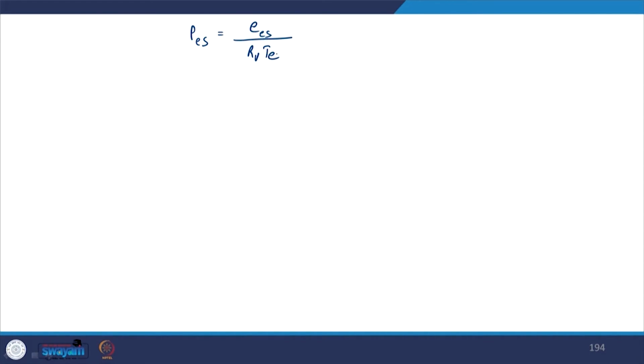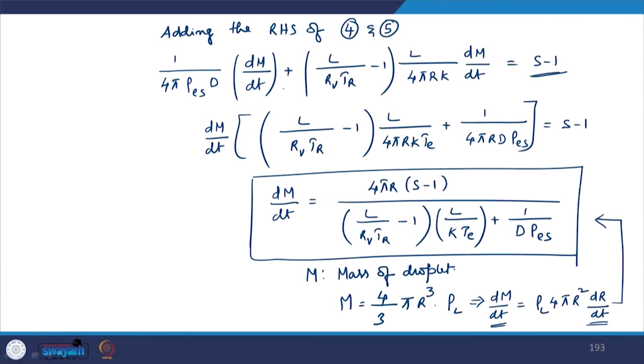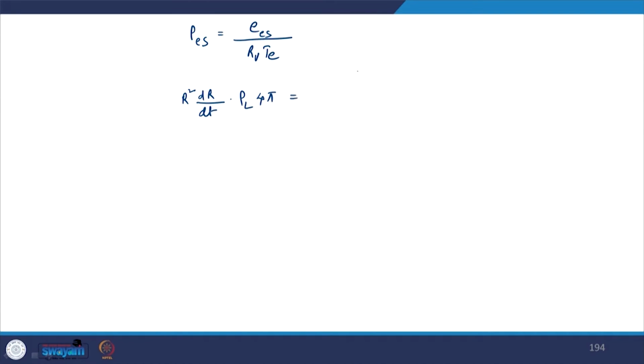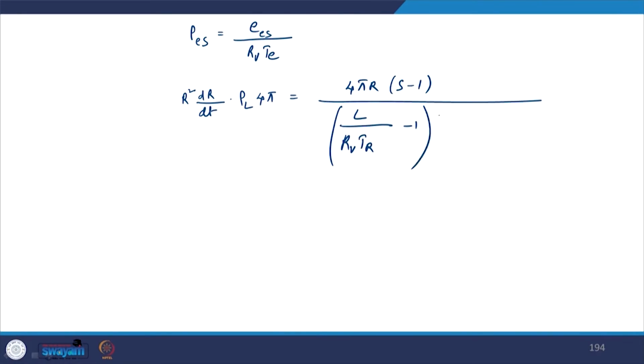So, let us use this: r square dr over dt into rho L times 4 pi is equal to 4 pi r times the supersaturation ratio divided by L by Rv T R minus 1 into L by K T E plus 1 by D rho Es.